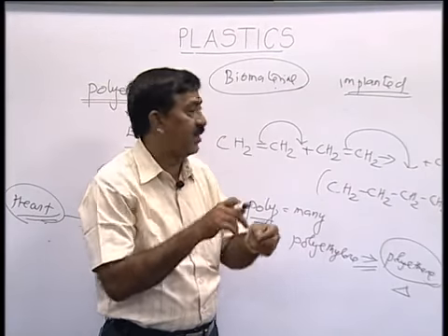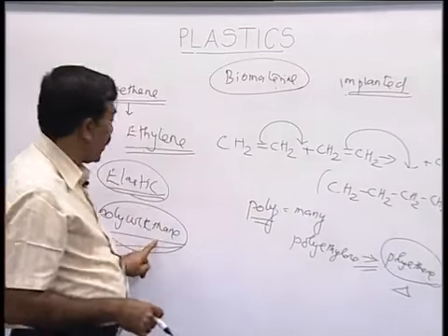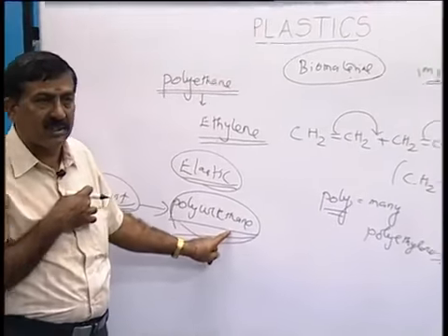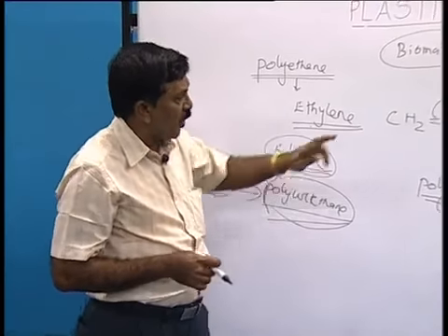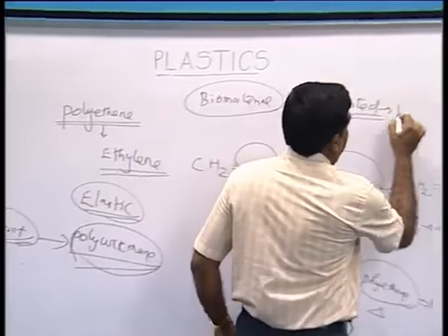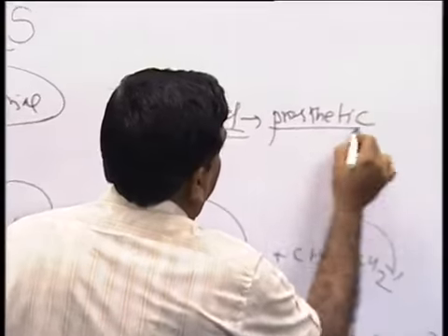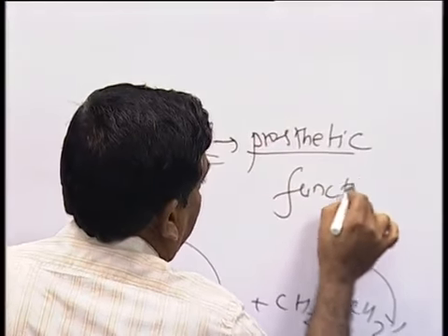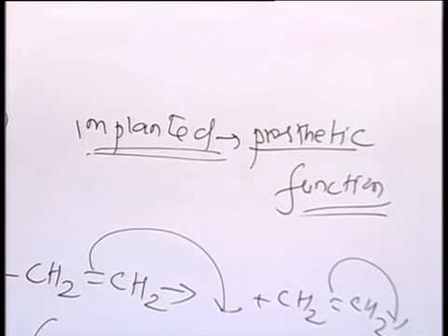That is called implantation. What is the use of implanting a biomaterial like polyurethane instead of the heart? It will do the heart function. At the same time, it will do the medical function called prosthetic function. So the plastic acts as a biomaterial.